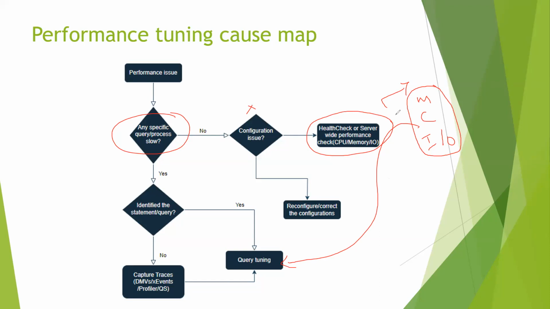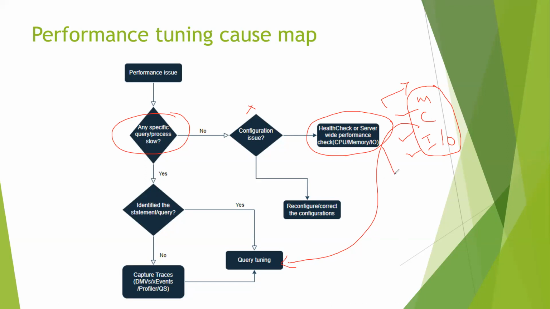Even if there is high CPU, high memory, or high IO, that is something we are executing on the SQL Server side which causes these spikes in memory, CPU, or IO, right? So that is where we will have to start looking at the query performance again.